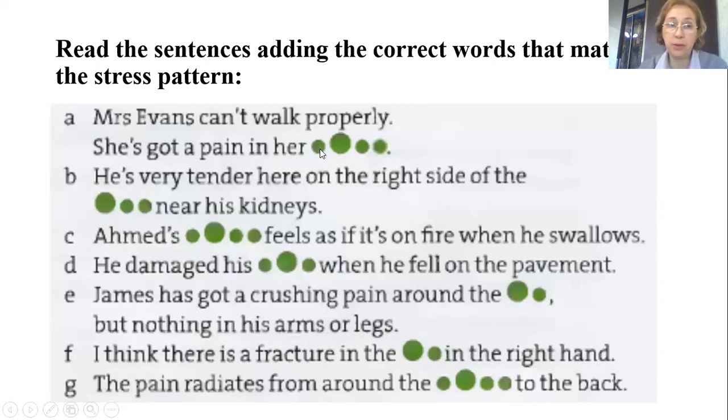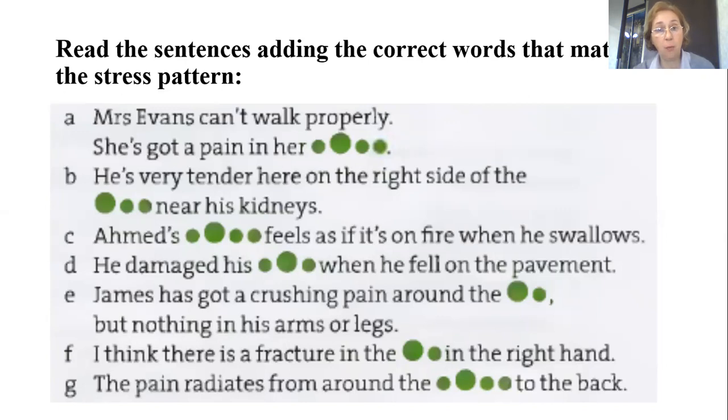Yahya, will you read the first sentence, A? Okay. Mrs. Evans can't walk properly. She has got a pain in her... Just a minute. What is missing here in sentence A? She has got a pain in her what? So these circles stand for which word?